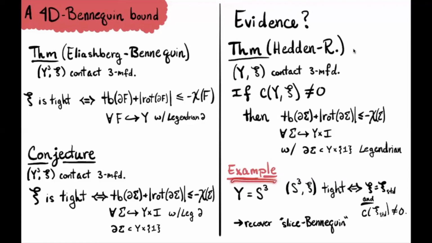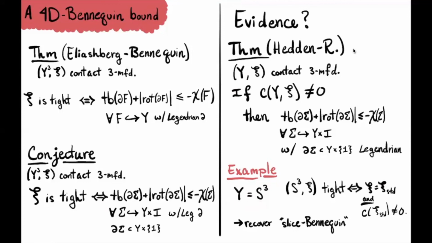One example is the case where Y is the 3-sphere. In that case, we know that a contact structure is tight if and only if it's the standard contact structure, and in that case, we also know that the contact invariant is non-trivial. So we actually do get this if and only if for the case where Y is S3.